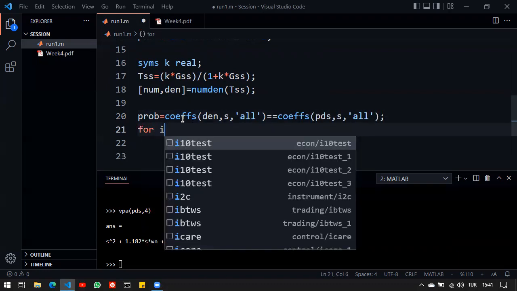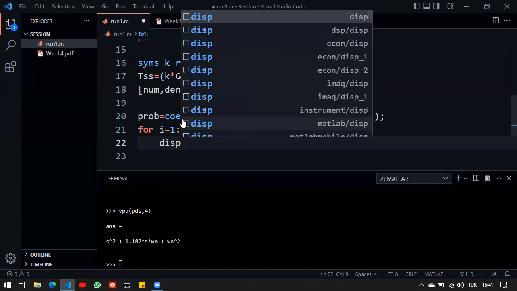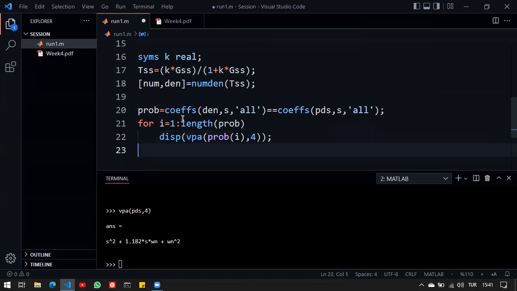Let me also use a for loop here in order to cycle through each equality in the problem. So let's display the VPA problem ith element. And we should be good to go.